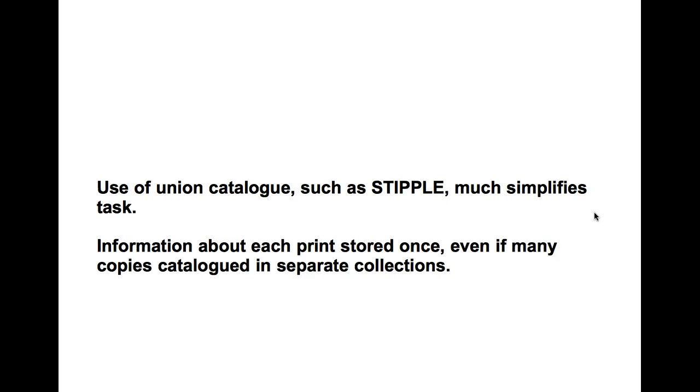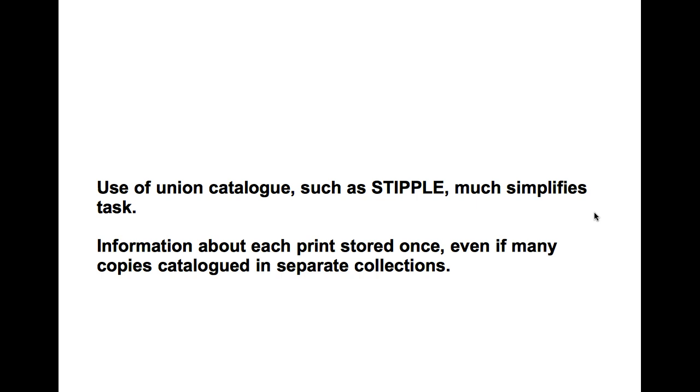However, the task of cataloging prints can be much simplified if you are using a system such as STIPPLE, as this is capable of creating a union catalog. This means that most of the information about each print is only stored once and can be used with every copy, even when they are from different collections.